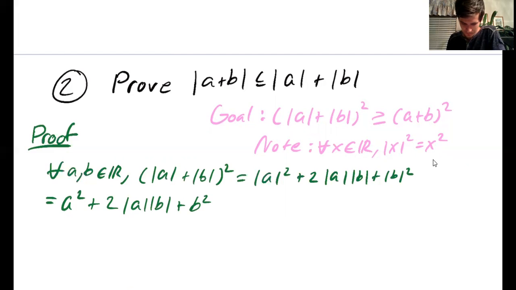Which is going to be greater or equal to A squared plus 2AB plus B squared. Notice that I'm just saying greater or equal to, so we take out the absolute values. And that's because I could give that another note.